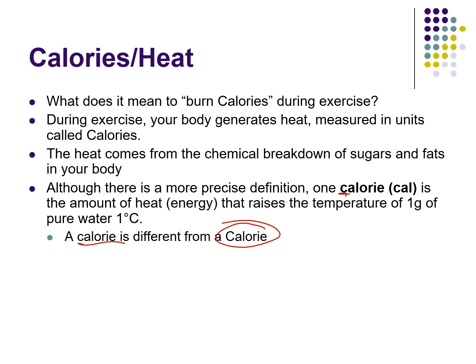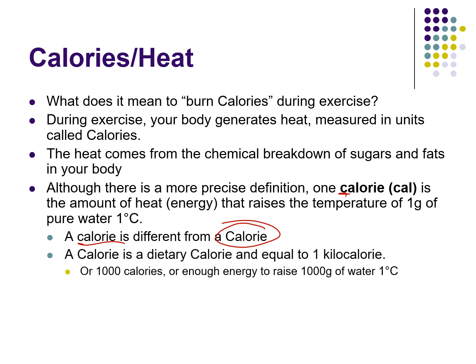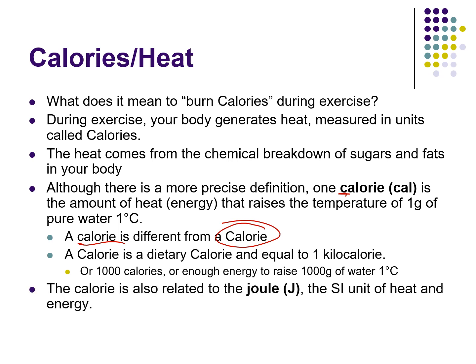You might think, well, of course, the one on the right is an uppercase C, of course it's different. Well, it is actually different. An uppercase C calorie, or a dietary calorie, is actually 1,000 individual calories, or enough energy to raise 1,000 grams of water, or 1 kilogram of water, 1 degree Celsius.